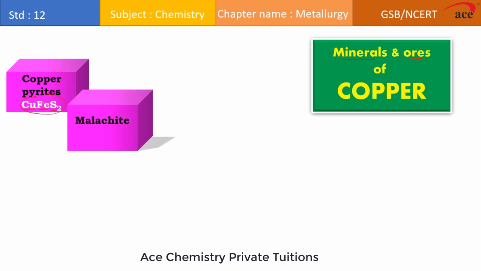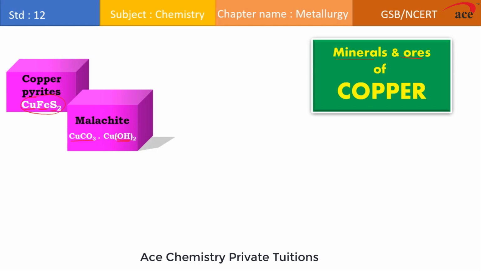Another mineral, if you see, is malachite. The formula of the malachite is CuCO3.Cu(OH)2. So this part is copper carbonate, and this is copper hydroxide. Now we all know that the hydroxide of the metal is basic in nature. So presence of this hydroxide indicates the basic nature of this.